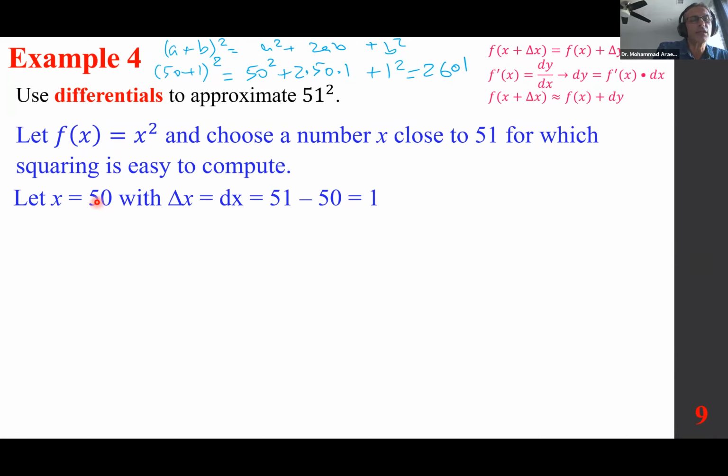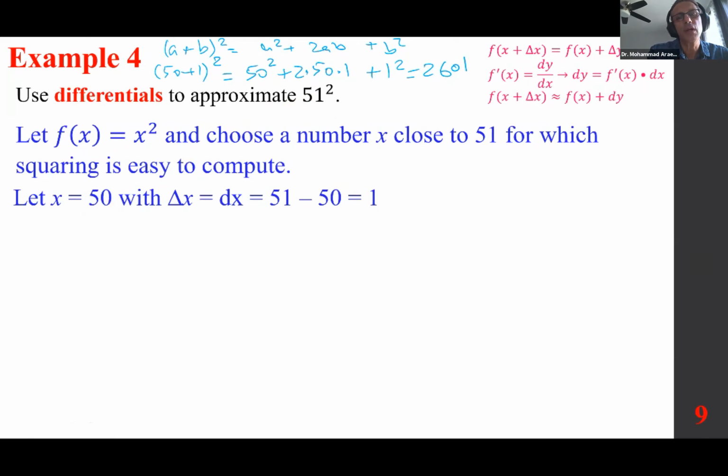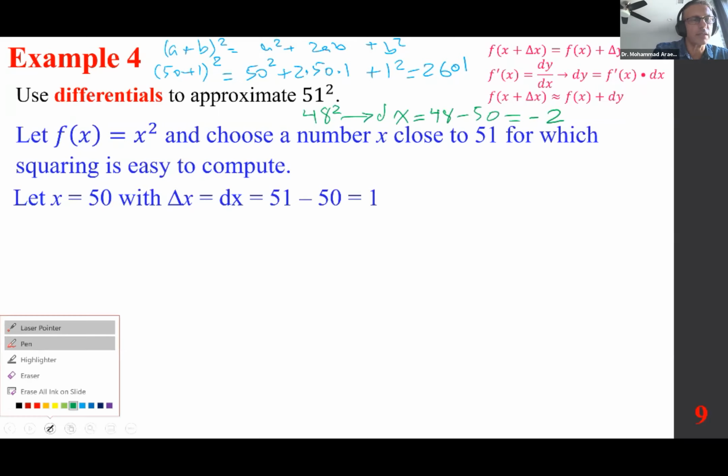With the choice of x equals 50, since we want to go to 51 squared, it is getting larger by dx or 1. If you were interested, and I'm going to leave it for you to do it at home, to calculate, let's say, 48 squared, I hope you realize in this case, your dx is -2. So you want to try this at home.